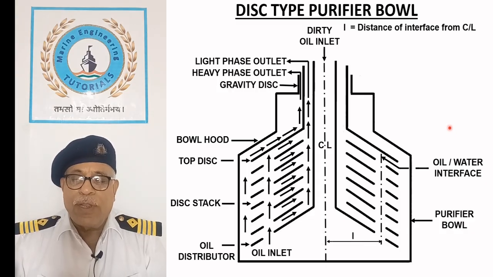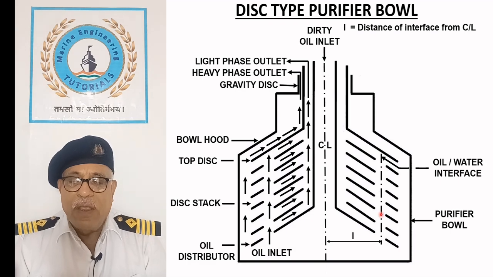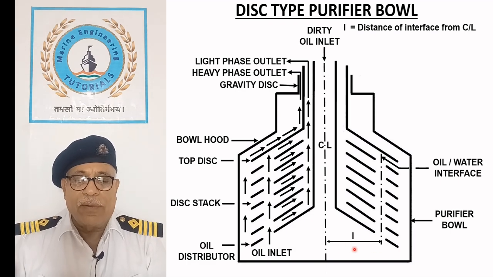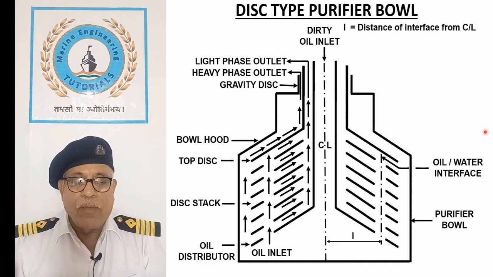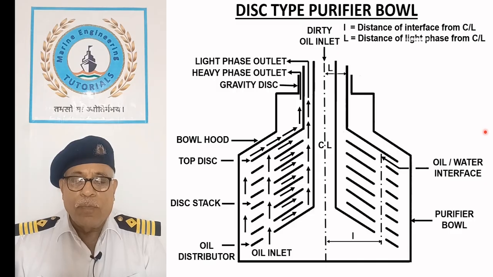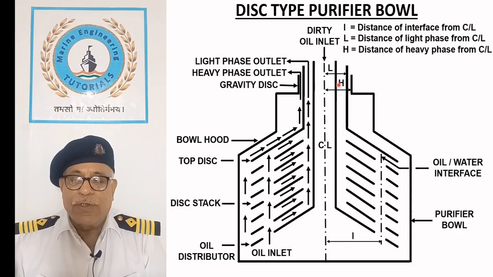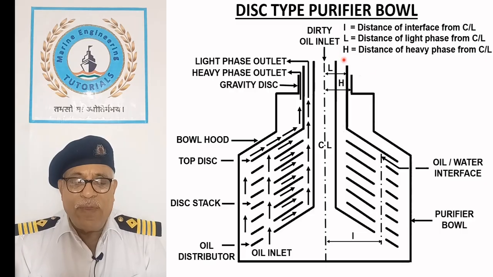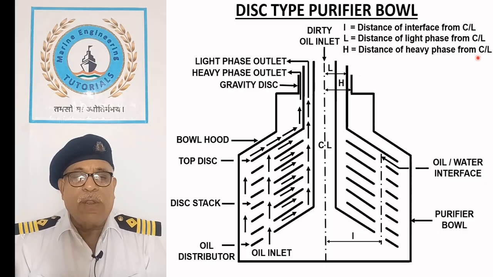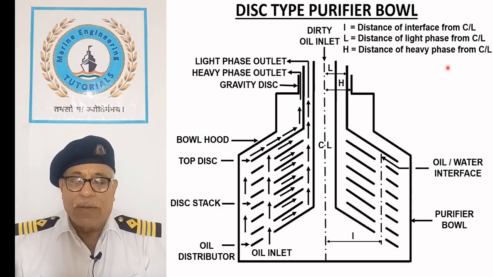I is the distance of the oil-water interface from the bowl center line. L is the distance of light phase boundary, that is oil, from the center line. H is the distance of the heavy phase boundary, that is water, from the center line.